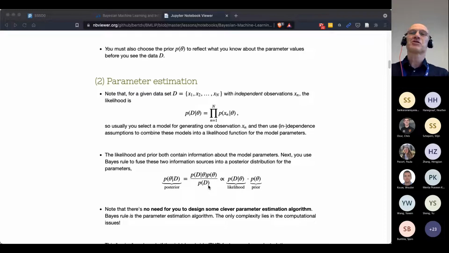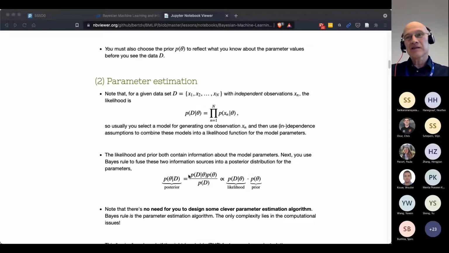This is really the result that you want to compute after specifying a prior and after specifying a likelihood. Then you can compute the evidence, and once you have computed the evidence, well, you can execute this division, and then you have your posterior.